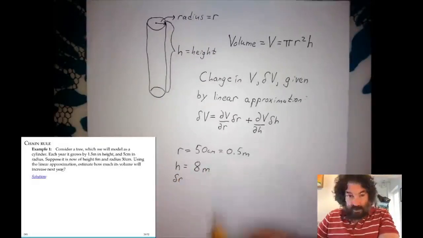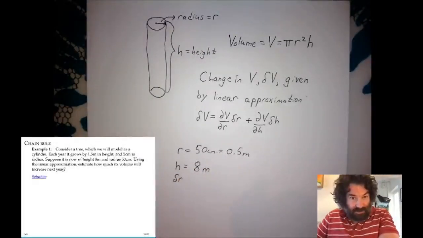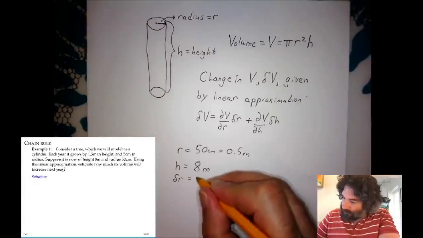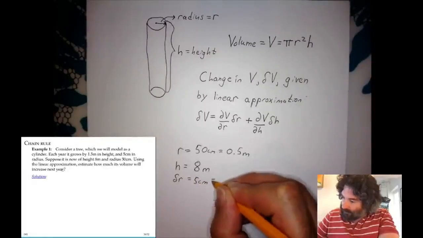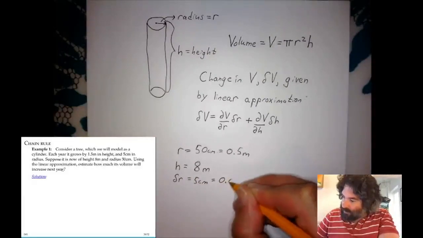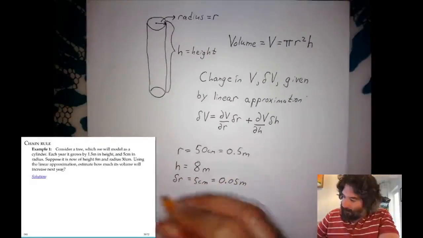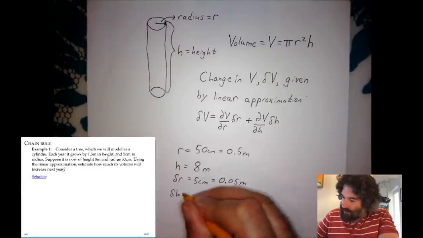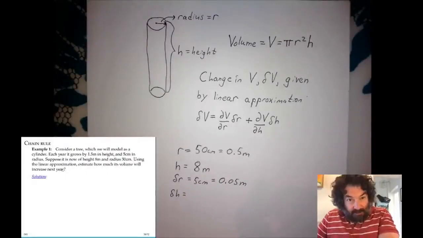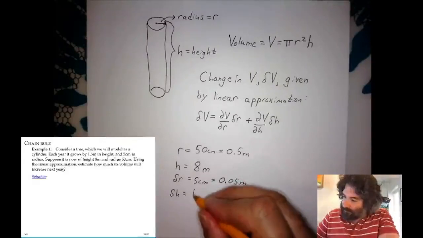Change in the radius in a year, delta r, is 5 centimeters, is 0.05 meters. And the change in height in the year is 1.5 meters.